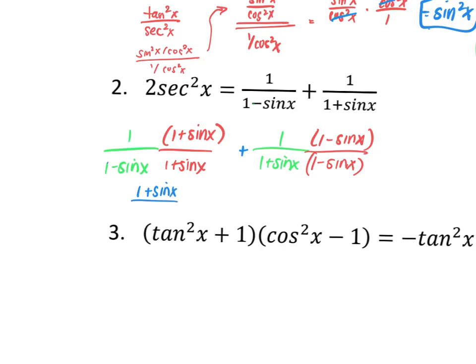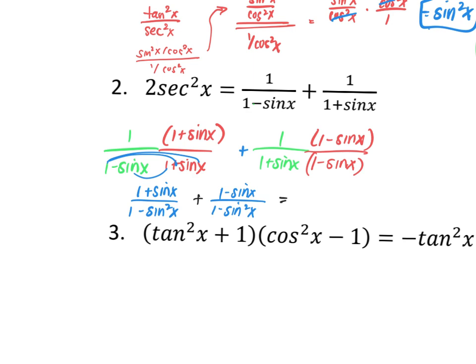And then multiply this out. 1 times 1 is 1. 1 times sine x. 1 times negative sine x. That will be 0. And then negative sine x times sine x is minus sine squared x. Okay, and then over here we're going to get the numerator 1 minus sine x, and we have a common denominator, 1 minus sine squared x.